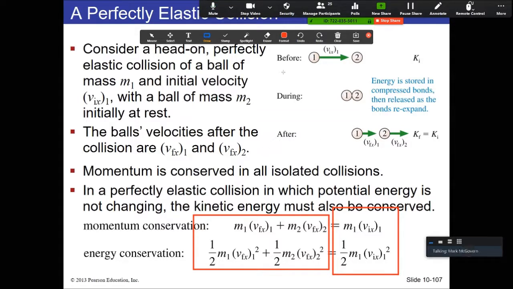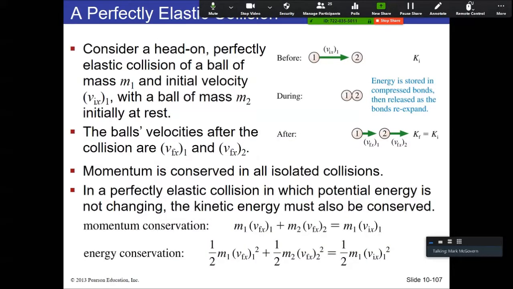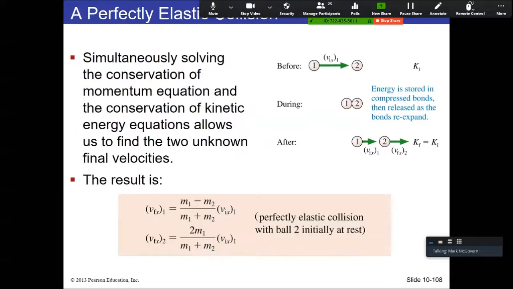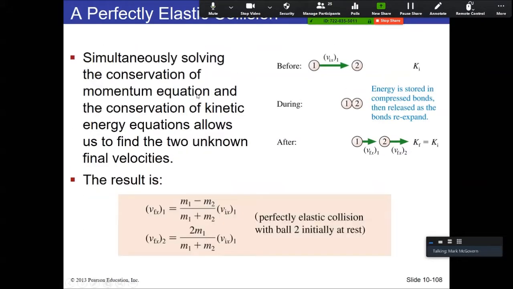However, it's not fun to solve this system at all. And so you're never going to do it because we've already worked it out. Here it is. When you do solve that system, and I know we have a lot of time during quarantine here, so maybe you want to do that, go for it. But if you do solve that system, we end up with these expressions down here.